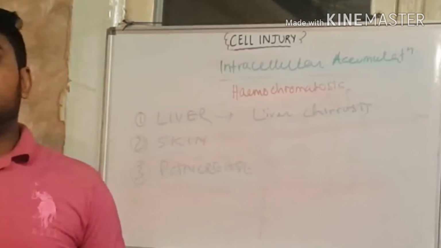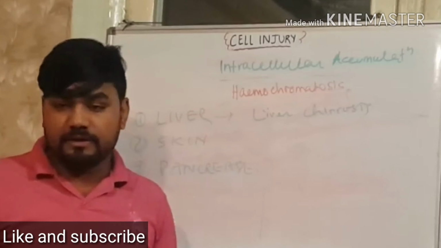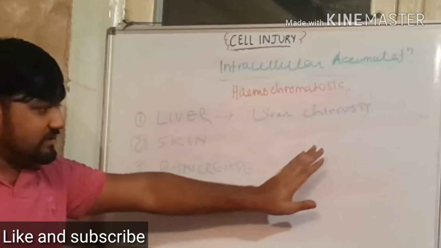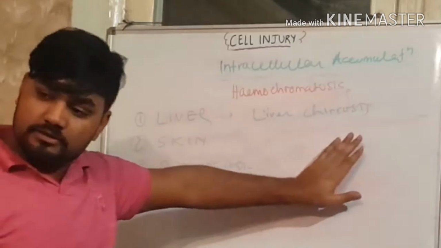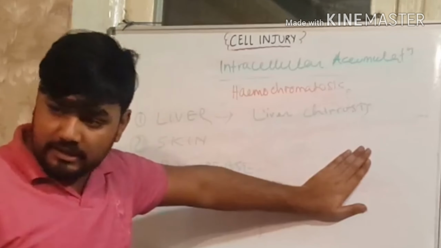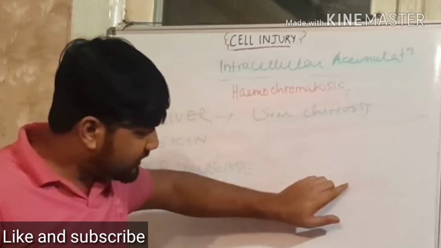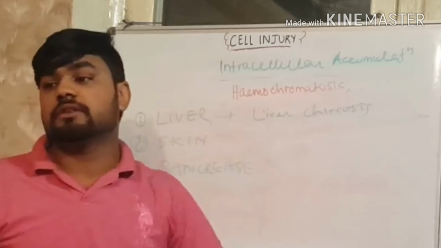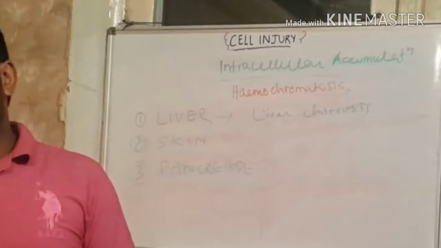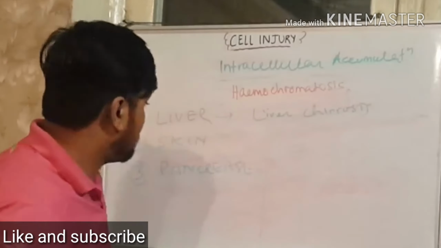There will be death of hepatocytes due to viral infection. These hepatocytes will make colonies, and these are known as Councilman bodies. So Councilman bodies are seen in acute viral hepatitis.